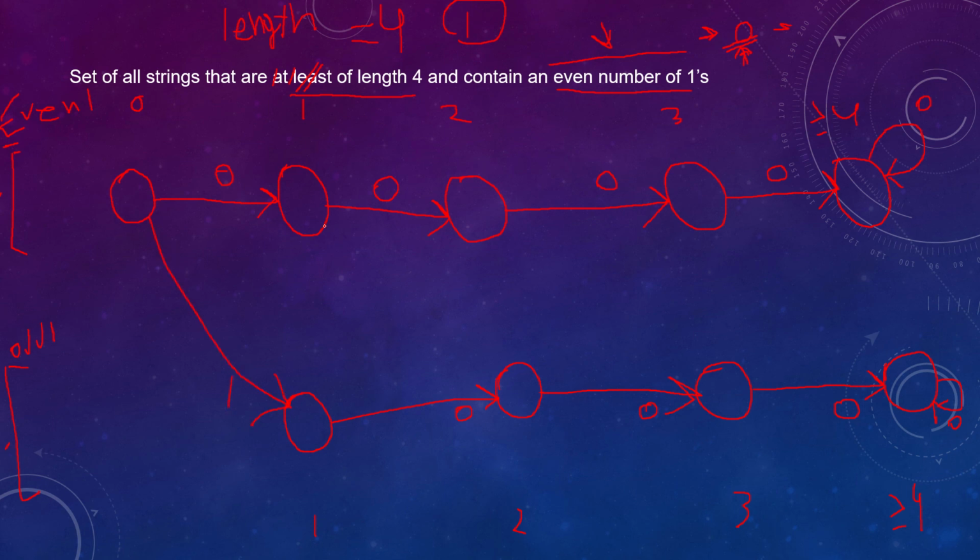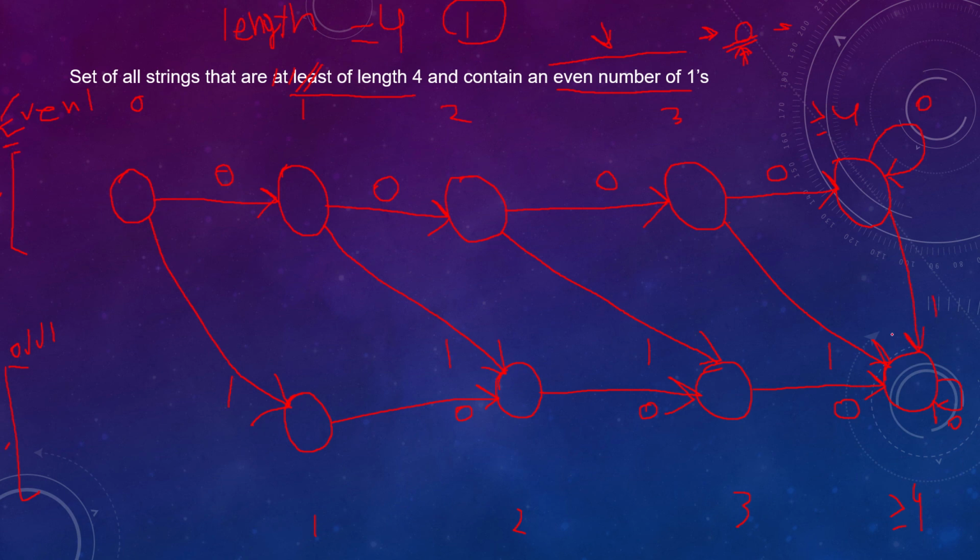Similarly from length 1 to length 2 and even state to odd state, length 2 to length 3, and length 3 to length 4, even state to odd state. And as length 4 is acting for both greater than and equal to 4, we will move back to here.